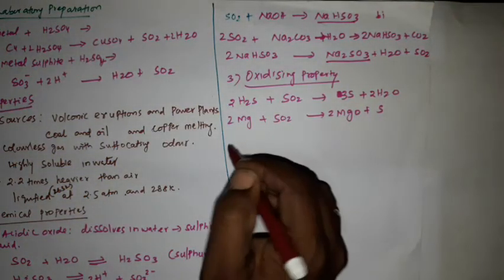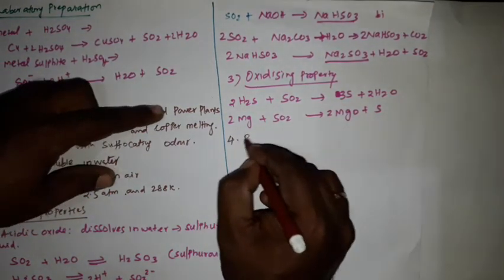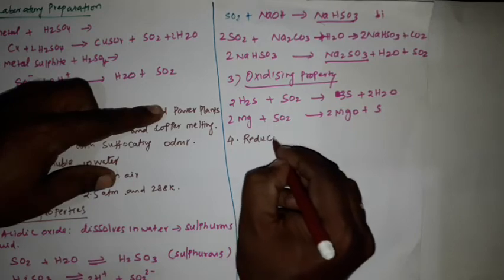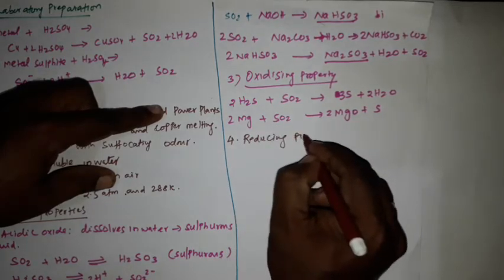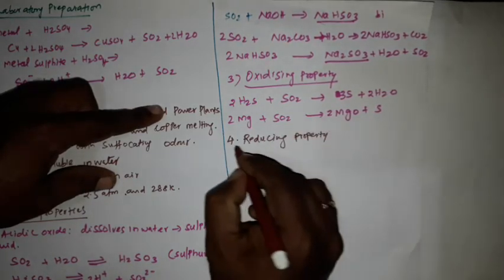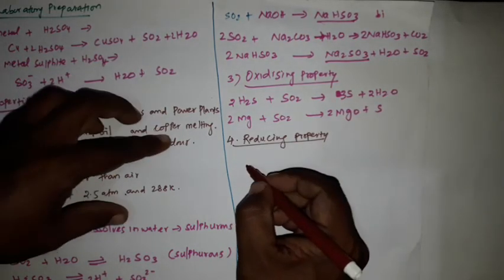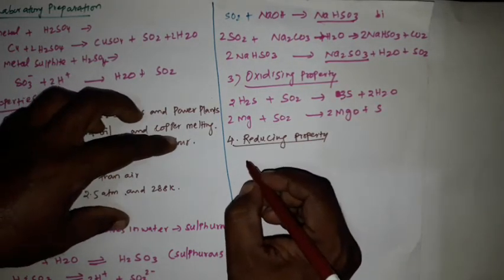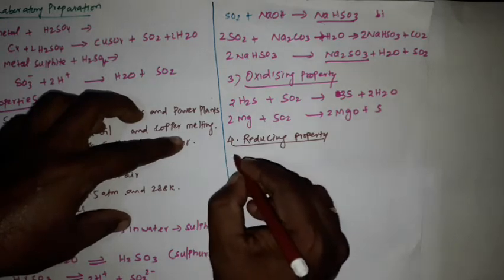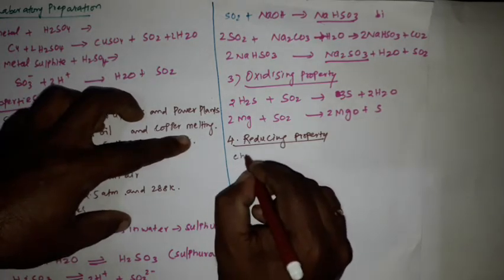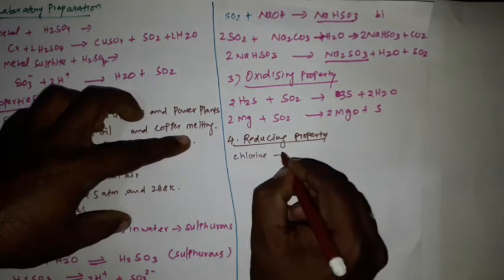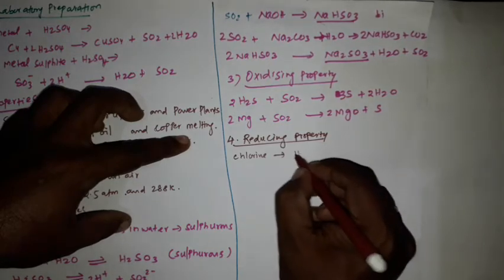Next property is reducing property. See, it can readily oxidize. It acts as a reducing agent. It reduces chlorine into hydrochloric acid.